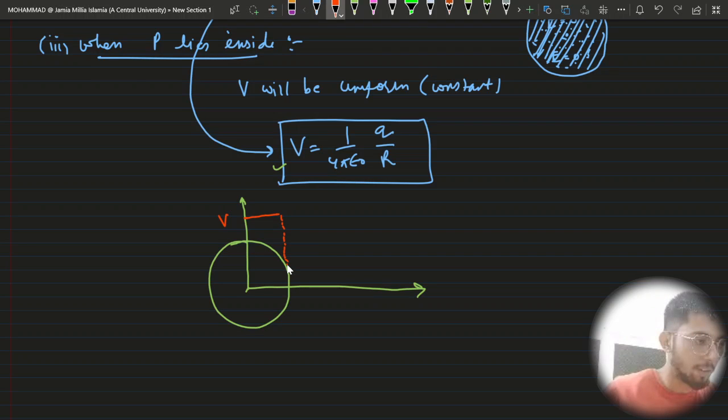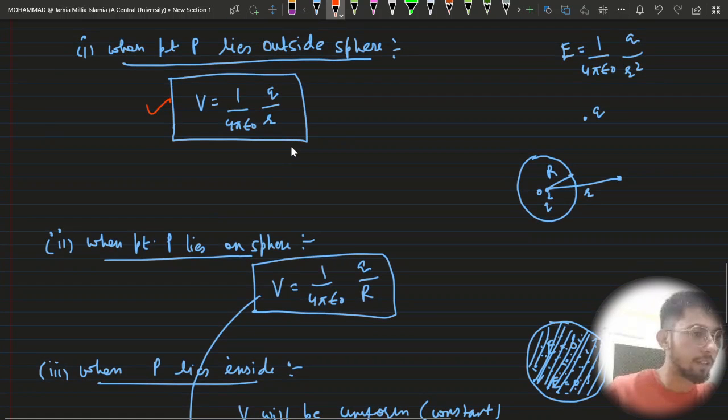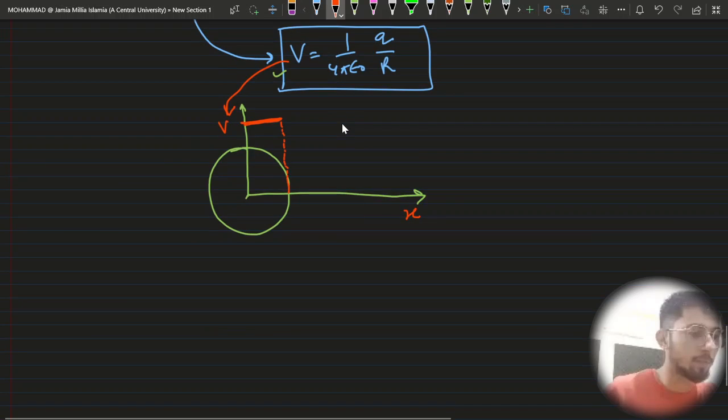It will be the same constant as we move along the radius, some fixed V. This is not changing along X. As soon as we move to a point greater than the radius, it will vary inversely with r, right? Because it is the same as that of a point charge. So this will be the graph.